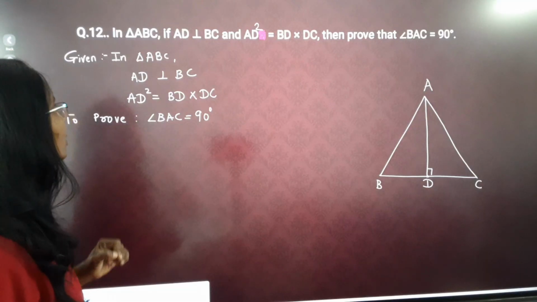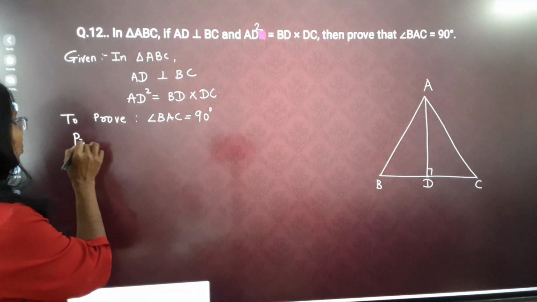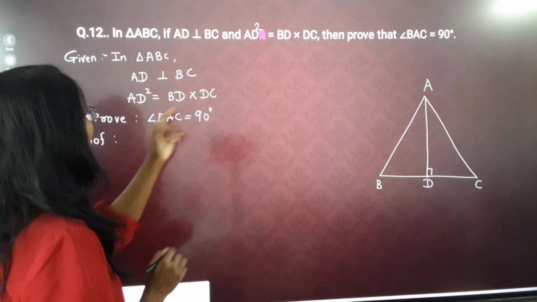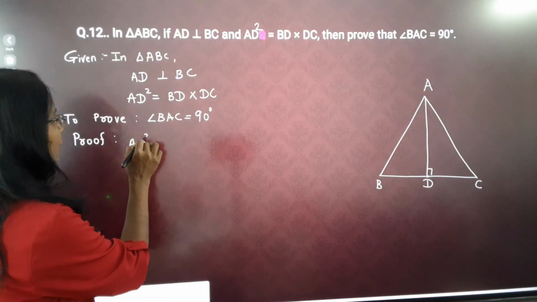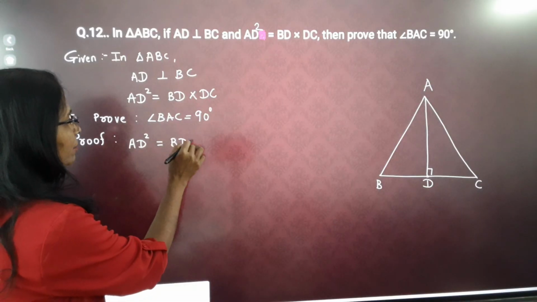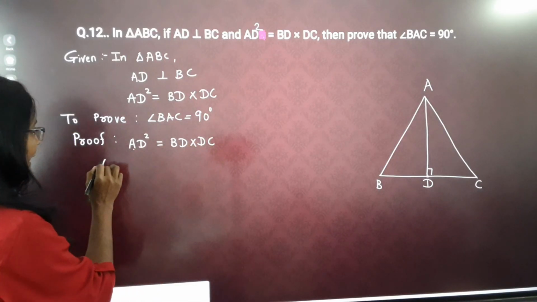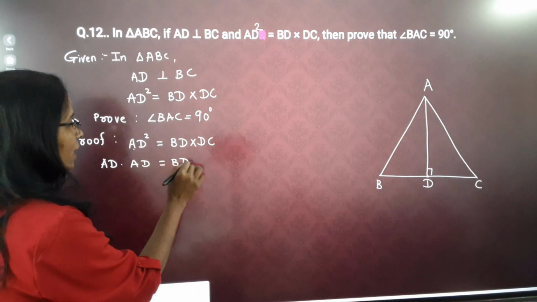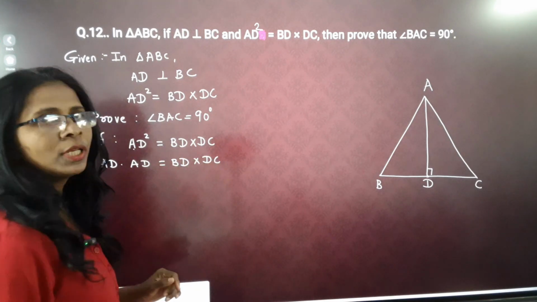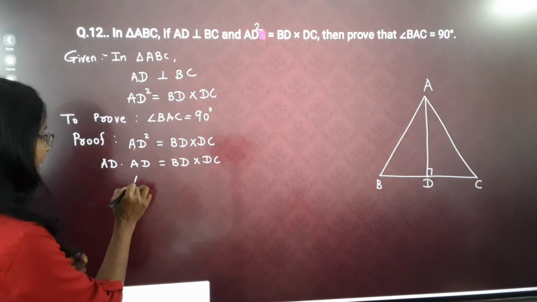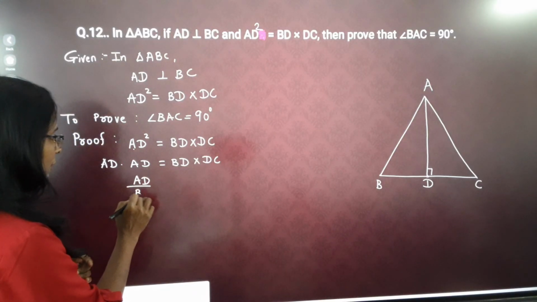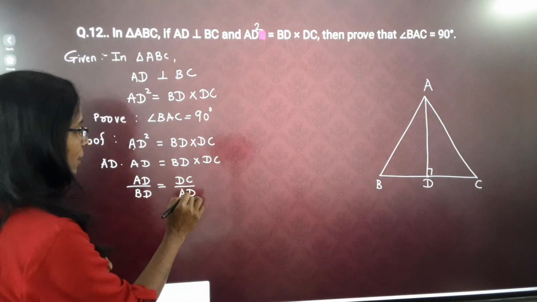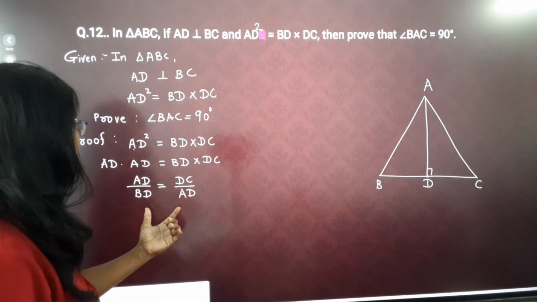Now here, students, the given is that AD square is equal to BD multiplied by DC. AD square means we can write AD into AD, which is equal to BD multiplied by DC. Now I write AD upon BD and DC upon AD in ratio form, and these ratios are equal.